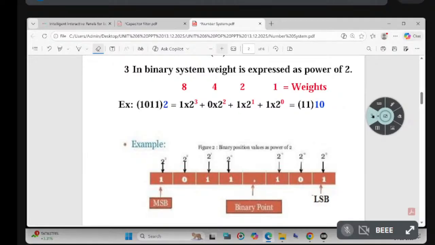This is called a binary point. 2 to the power of 0, 2 to the power of 1, 2 square, 2 cube. After the point, 2 to the power of -1, -2, -3. Convert binary to decimal.